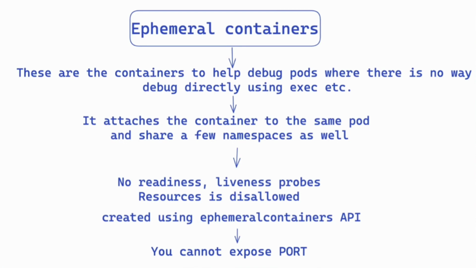In the pod spec section there will be a container added, and it will also auto-update the container statuses with the ephemeral container status. So that's a very good thing. It attaches to the same pod and shares the namespaces, so you have the same process view. You'll be able to see the processes of the Distroless container itself, and you can have the file view as well.